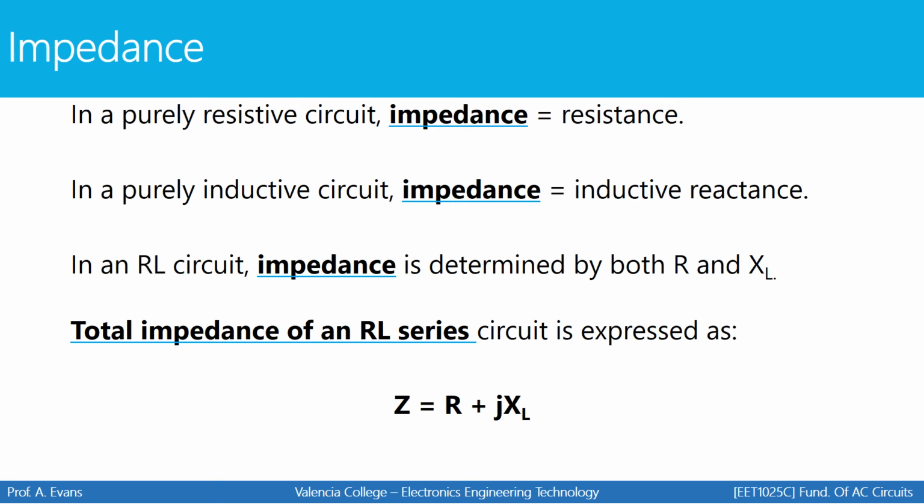So your total impedance of an RL series circuit is expressed as R plus jXL. We know for an RC circuit, our total impedance was R minus jXC. For an inductive circuit, where you have a resistor in series with an inductor, your total impedance is R plus jXL.